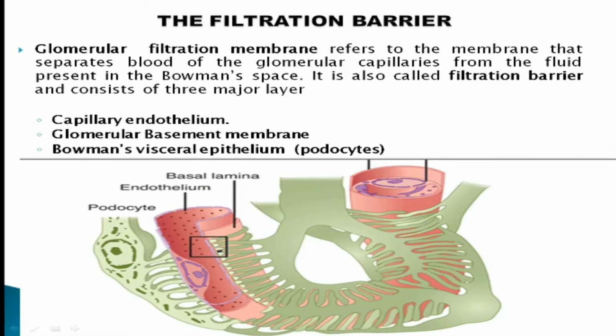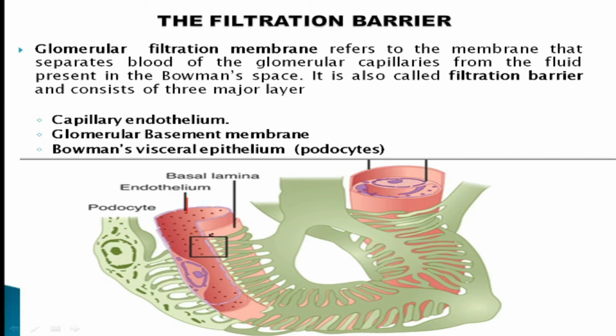Now the filtration barrier is basically made up of three important layers. The capillary endothelium, as I am showing you in this diagram, which clearly shows a cut section of the glomerular capillary, and this glomerular capillary has fenestrations. These are the fenestrations in the glomerular capillaries. This is the endothelial layer, and the endothelial layer is resting on a basal lamina.